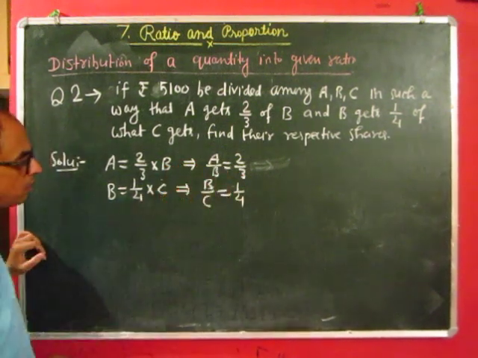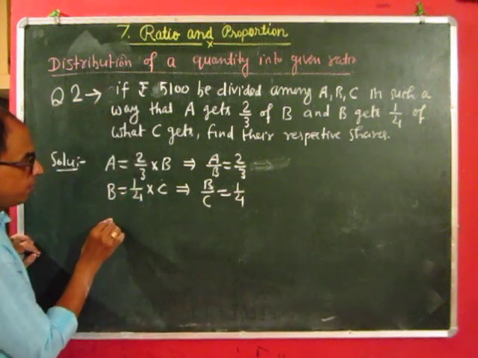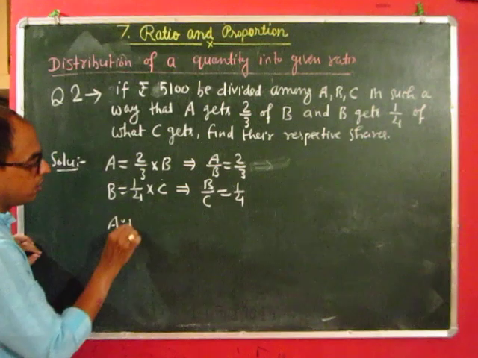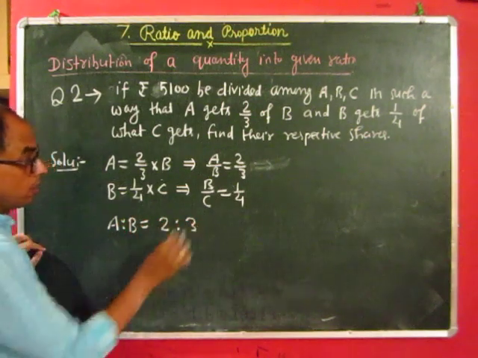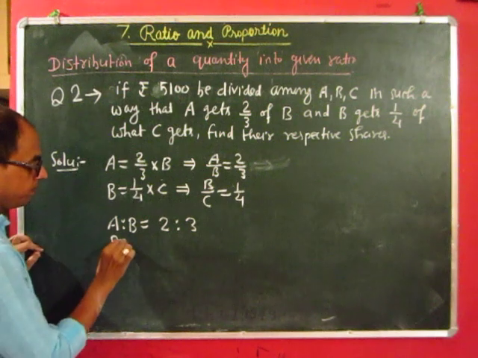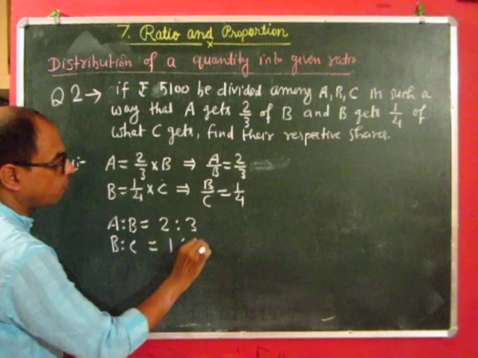How can we find it? Now look here, A is to B will be 2:3. Now B is to C is equal to 1:4.